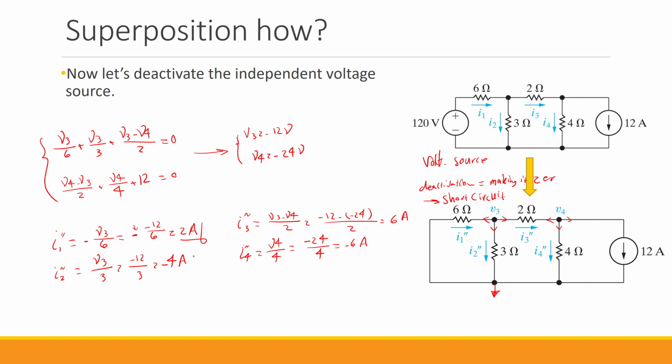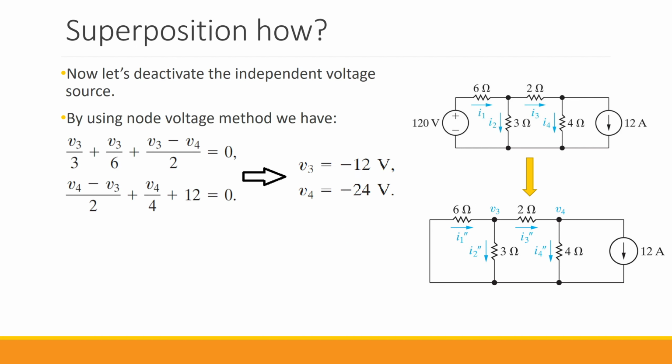So these are the 4 individual currents that we have found by using the second case, basically deactivating this independent voltage source while the independent current source is active in the circuit.